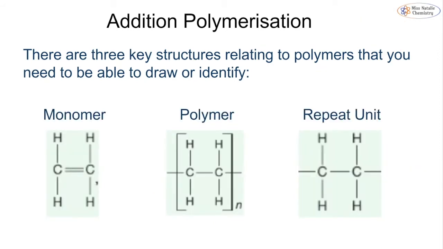So you can see there it's drawn out just a little bit clearer. So we've got our double bond forming our single bond, and then we've got these extension bonds. Very important to have the extension bond extending past the square brackets. That's really important in terms of the structure. And then for the repeat unit, same thing, but just not with the brackets or the letter N.